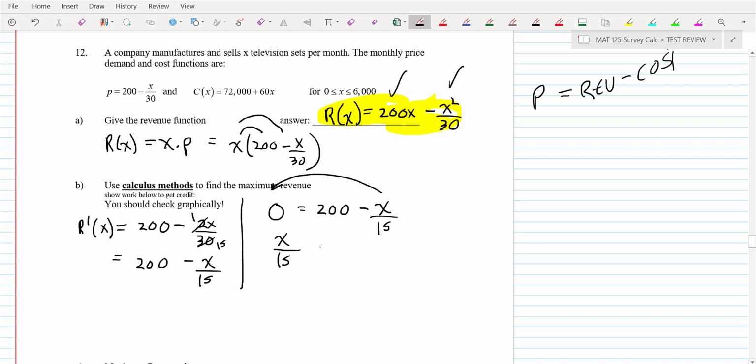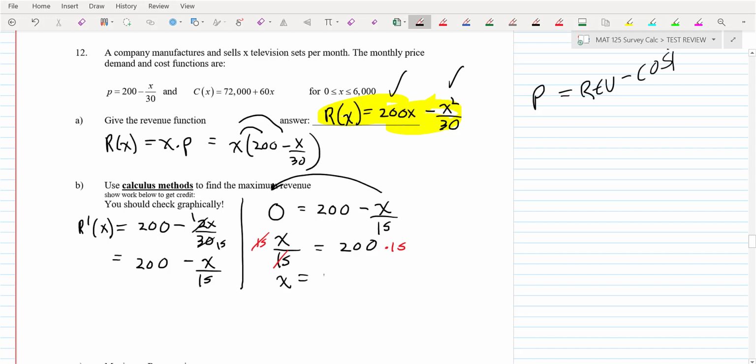It'd now make that positive, equals 200. Then what? Multiply by 15 or cross multiply. It doesn't make any difference. You can multiply by 15 to get rid of a fraction. You want to get in your mind that generally, if you have an equation with a fraction, get rid of the fraction. So if we do 200 times 15, that gives 3,000.